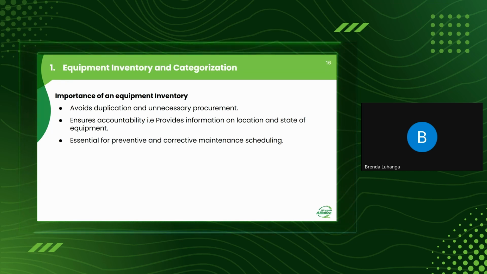It also ensures that you have proper schedules for corrective maintenance, but also preventive maintenance, as you know the conditions that your medical equipment are in. It is also good for accountability on the part of maintenance engineers, as they will be able to provide information on the location and the state of the equipment.